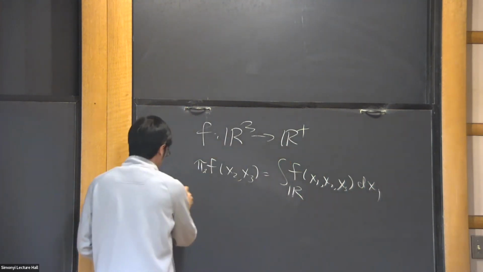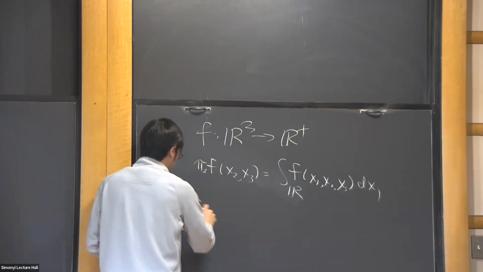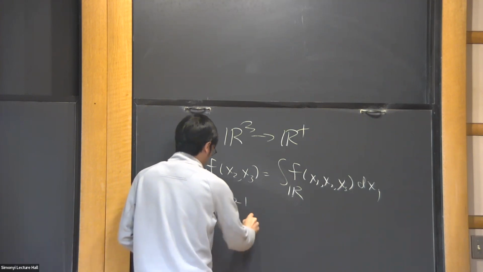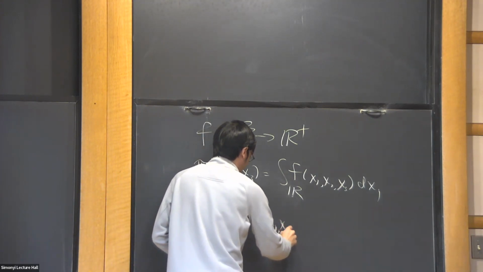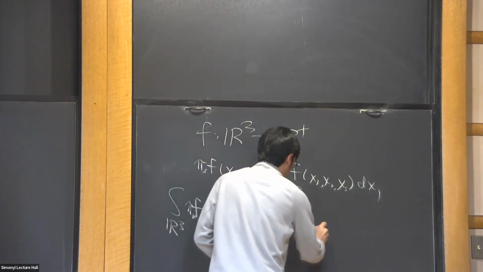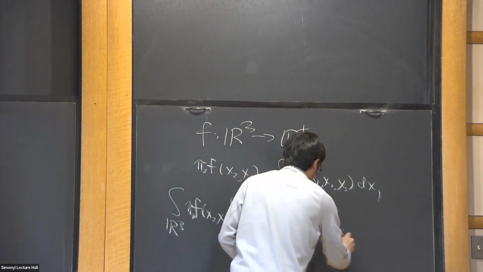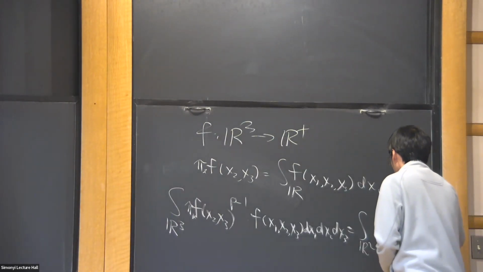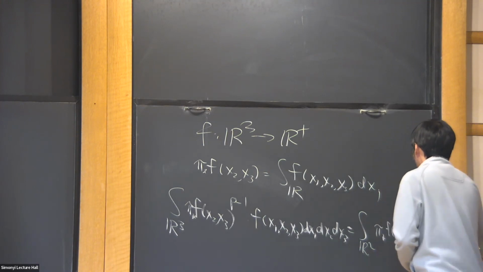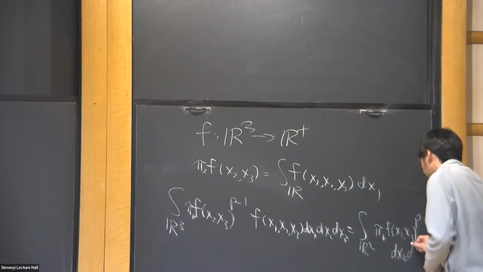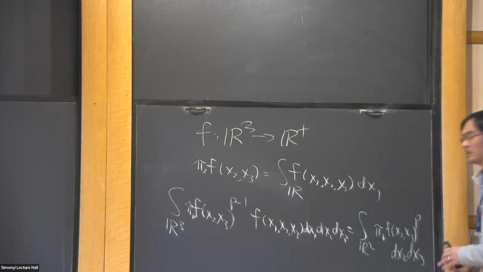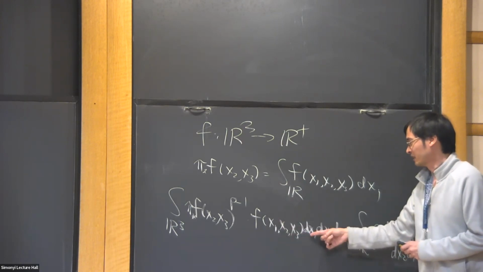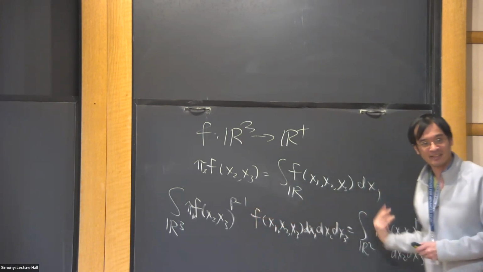What I'm trying to say here is that if in R3 you integrate the push forward with some power times the original function in all 3 variables, that's the same thing as in 2 variables integrating the push forward to the power p in 2 variables. So this is not a deep statement. This is Fubini's theorem. Because if you integrate this next one first, you just get one more copy of this push forward.